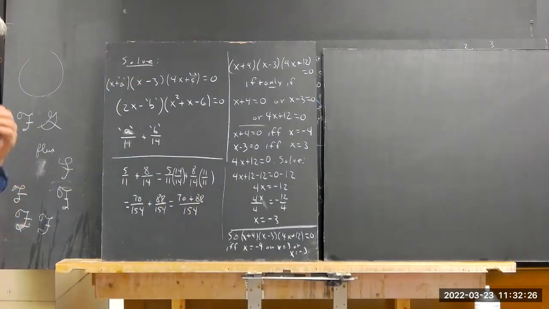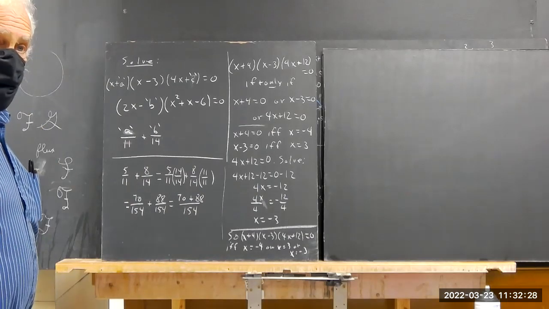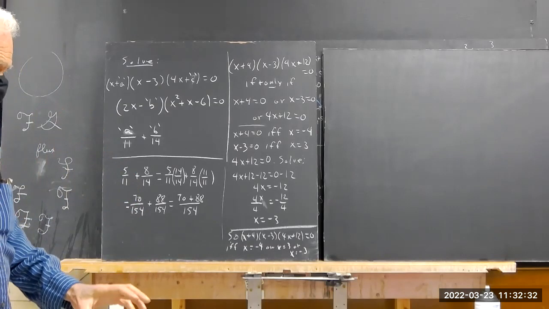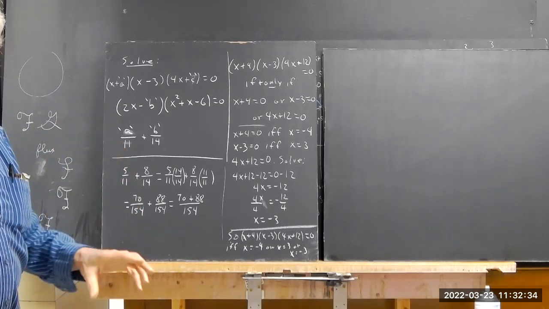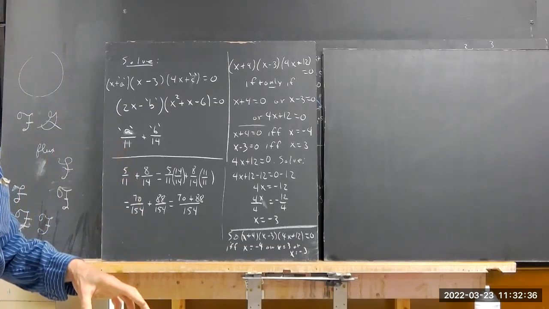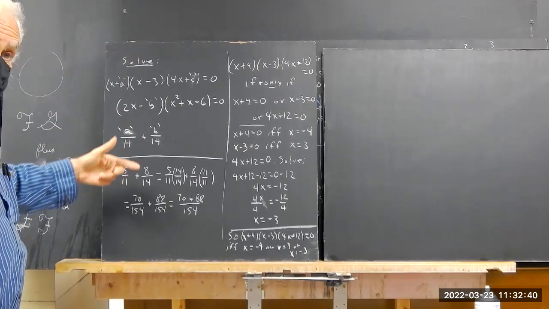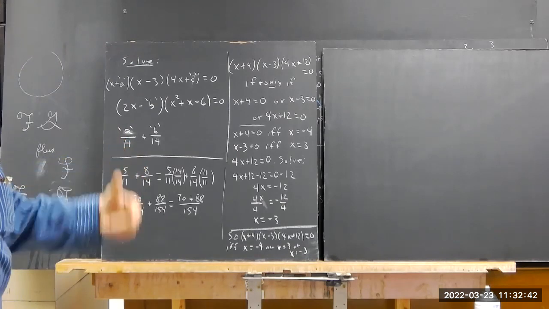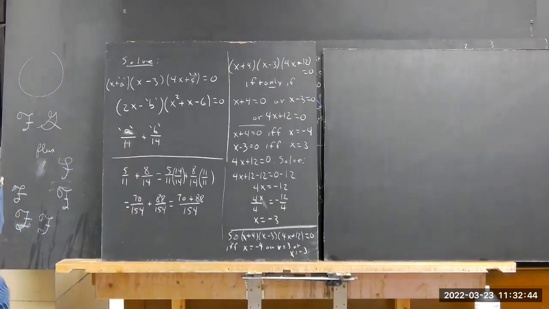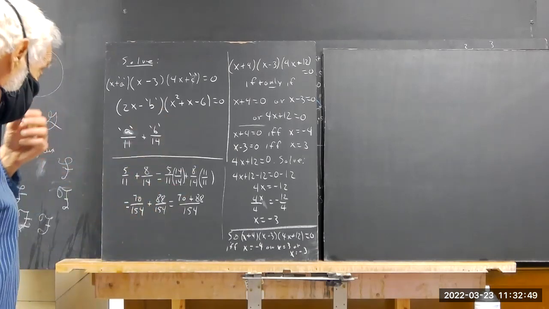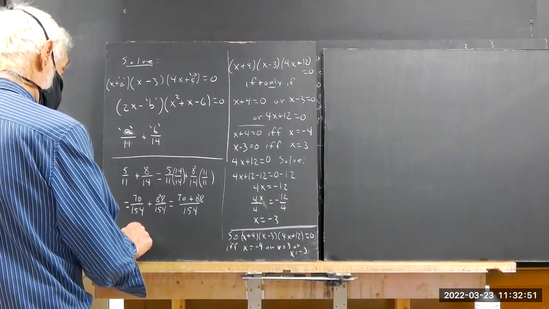70 plus 88 over 154. Now, if you're bypassing these steps, make sure you understand the steps because you're not going to be able to bypass it when you have rational expressions, polynomial over polynomial plus another polynomial over another polynomial, okay? You have to follow these steps or you're not going to get there, okay?